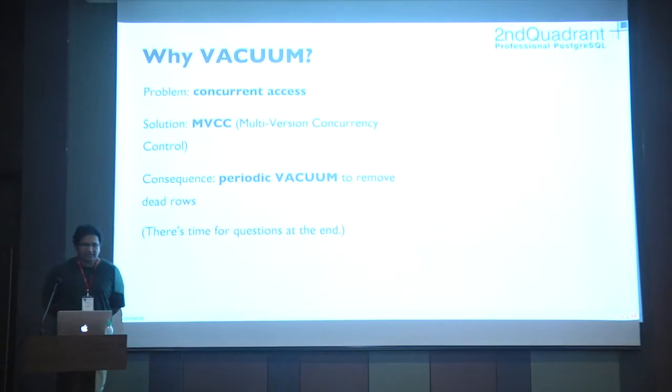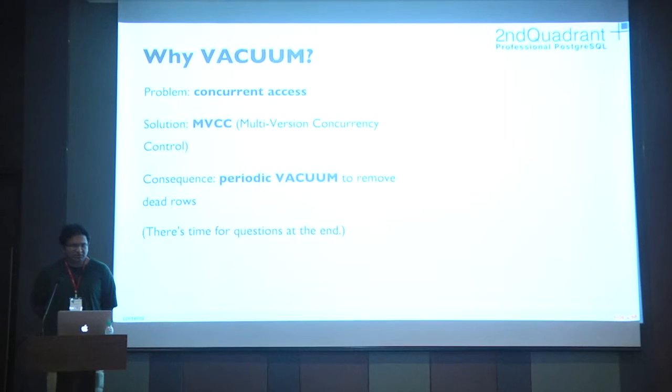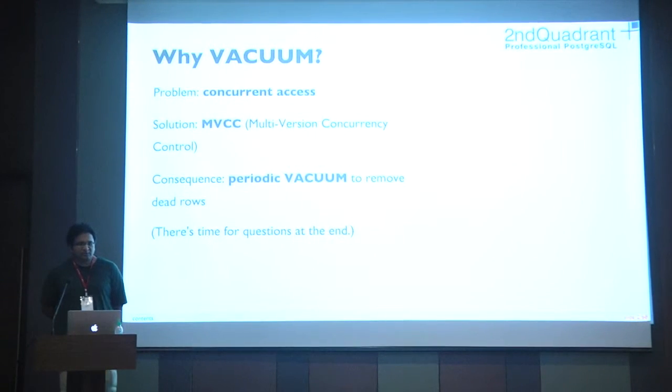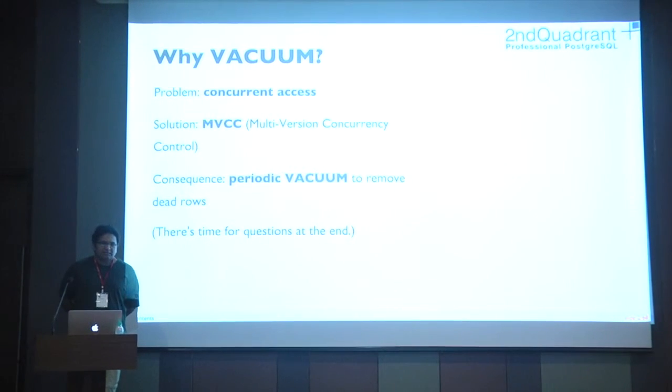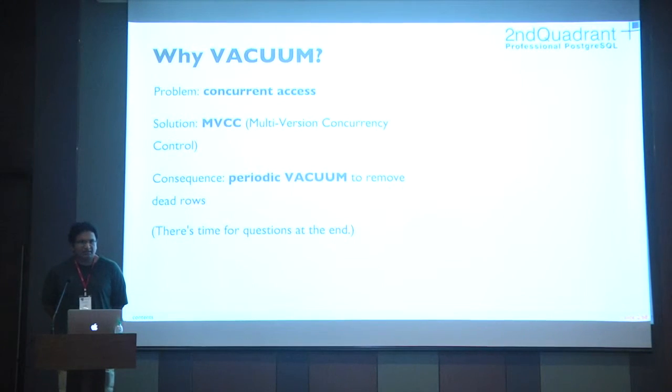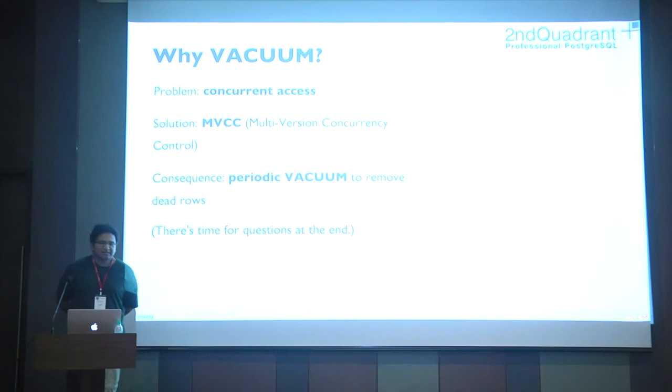This is something that Robert mentioned in his talk as well. There's been a lot of work to speed up concurrent access in Postgres, but the basic design decision of Postgres is to use a technique called multi-version concurrency control to manage concurrent access without heavyweight locking.